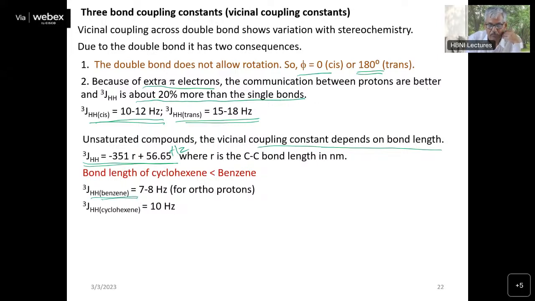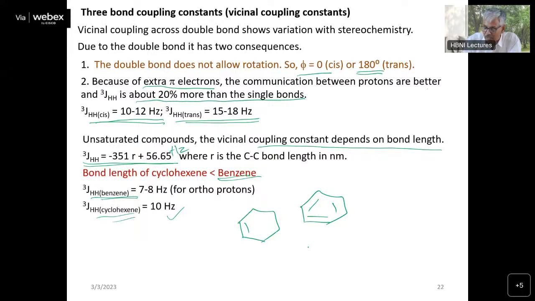The benzene is having a longer pi bond than cyclohexene. So this is your cyclohexene pi bond, and in the benzene, because of resonance, all these bonds are having slight single bond character and slight double bond character, so you get an average value.